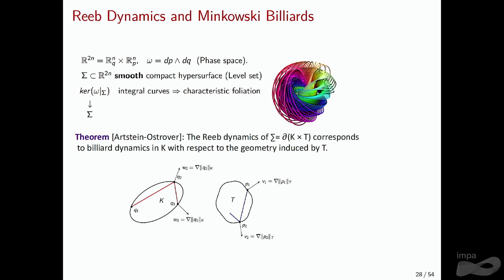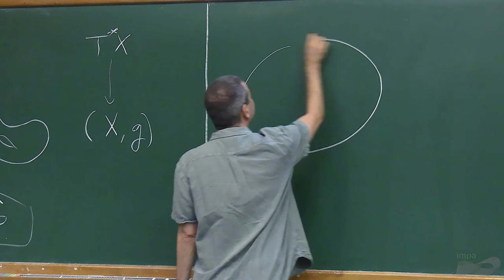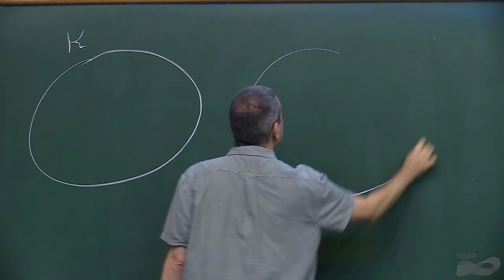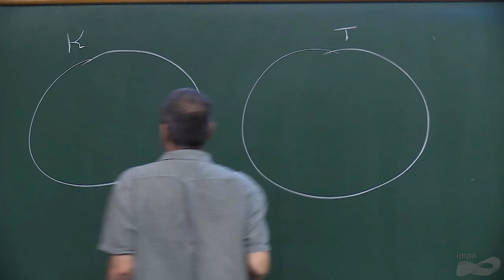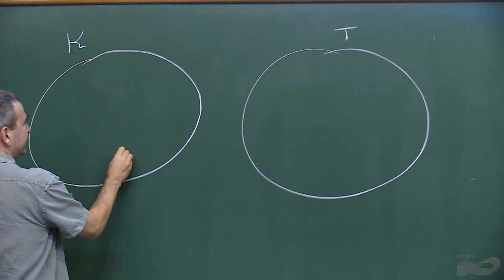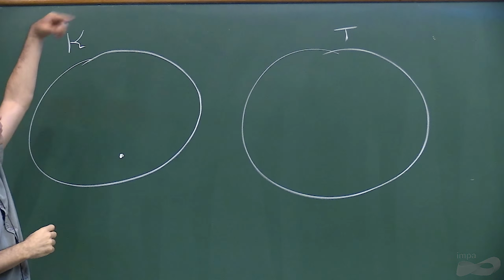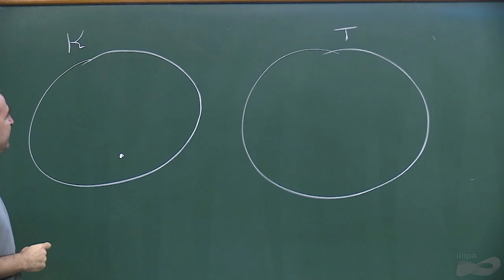Any other questions? Inside this billiard, the trajectories are straight lines, right? Yes, and the only difference is the angles, the reflection. Yes, exactly. So I can try to explain the dynamics. If you really write down the equation for the Reeb dynamics, it's something like this.